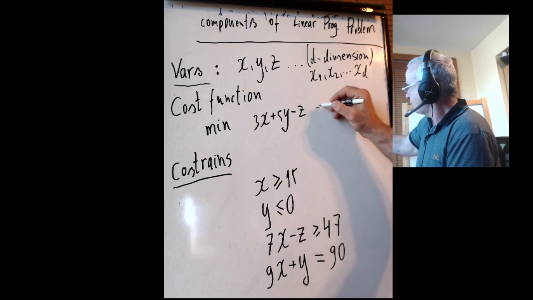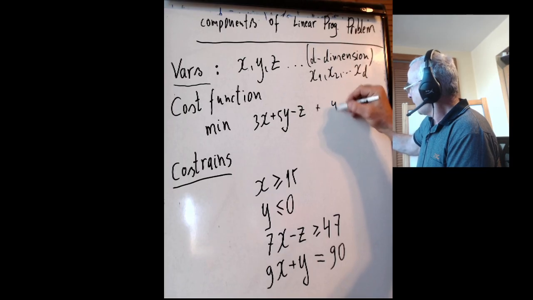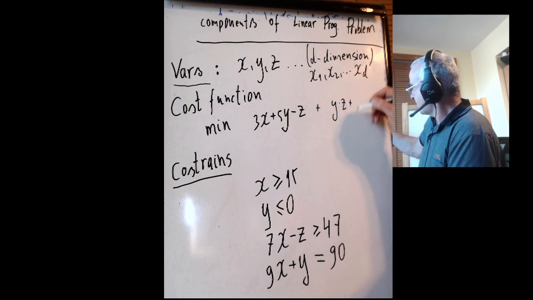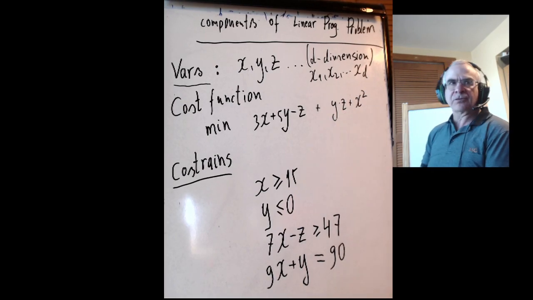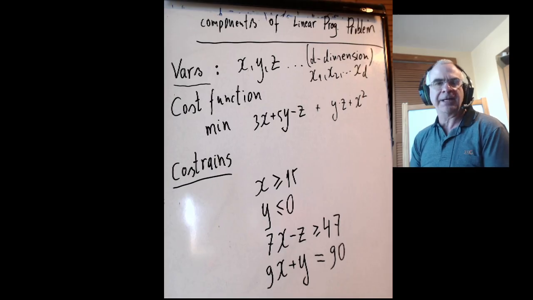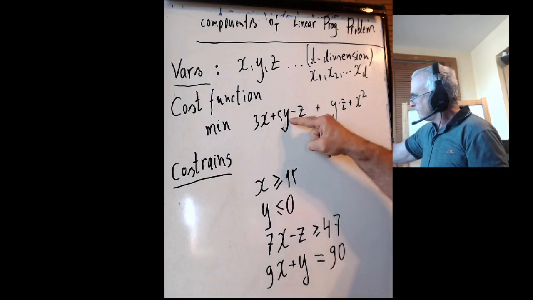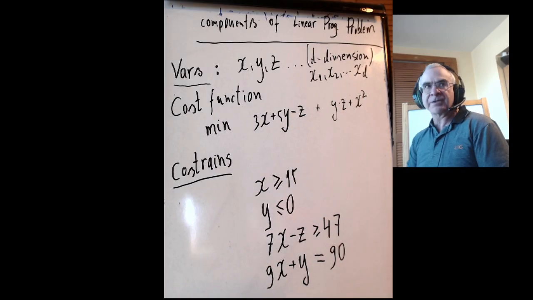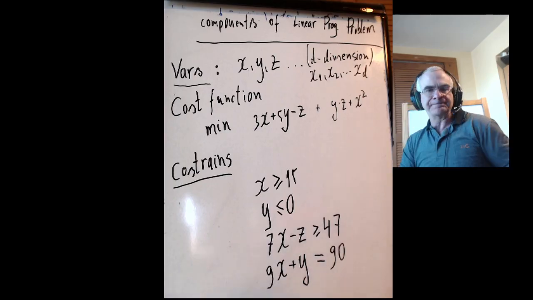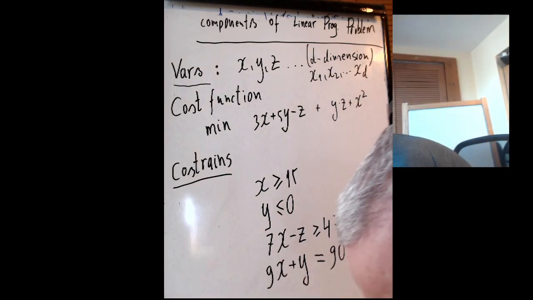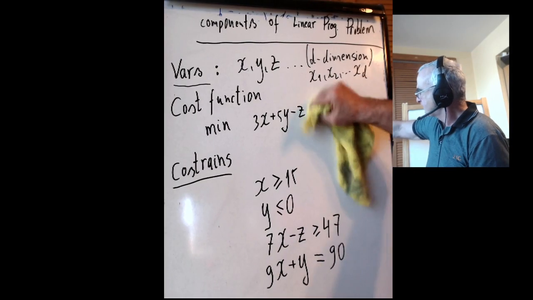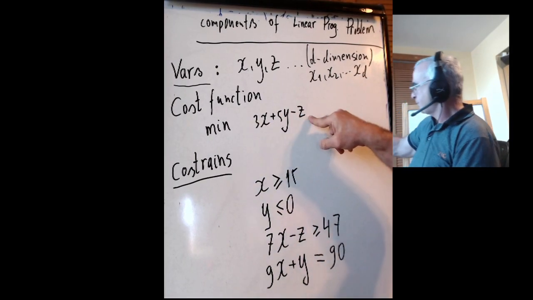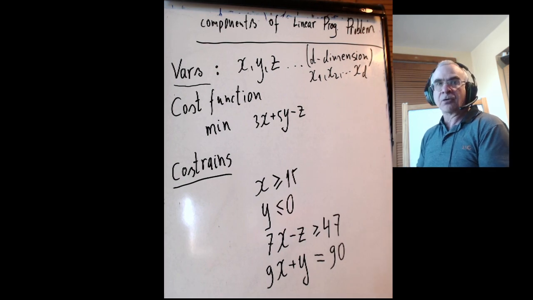If I try to add y times z plus x squared, then this is not linear, and a product of two variables is not linear. Linear means a variable times a constant, and only sums and subtractions of such expressions. So this would be a possible cost function.